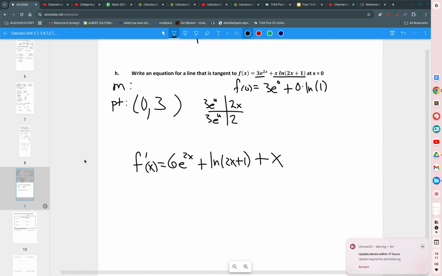Chain rule. Natural log of u, where u is 2x plus 1. The derivative of 2x plus 1 is 2. The derivative of natural log of u is 1 over u. So I get times 2 over 2x plus 1.